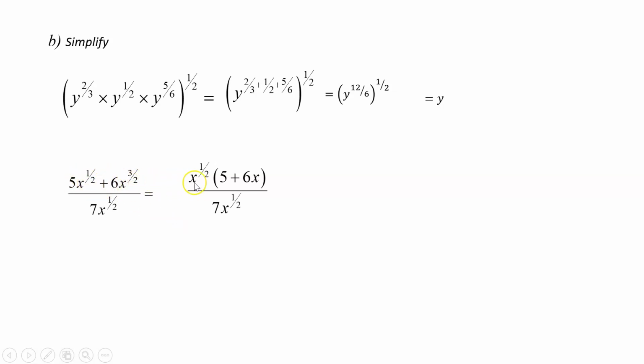If I take x to the half outside a bracket, I have 5 left on that side plus 6, and if I've taken a half out, this is 3 over 2. Take out the power half, and I get x to the 1. So I get 5 plus 6x inside, and 7x to the power half. The x to the power half will cancel, and I'm left with 5 plus 6x over 7.